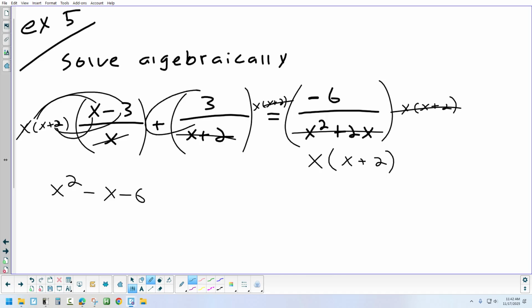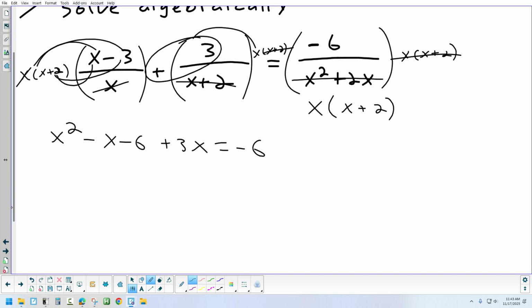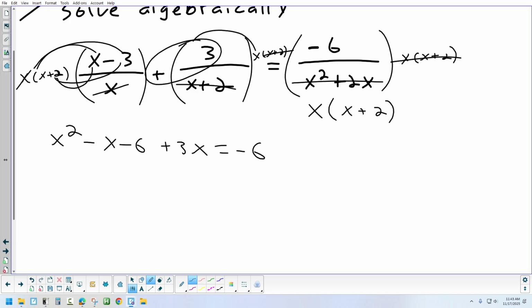Here we're distributing positive 3, but it's not a double distributive, it's just positive 3 times x. And what's on the right-hand side now? Just negative 6. All right, let's combine like terms and then see what happens.